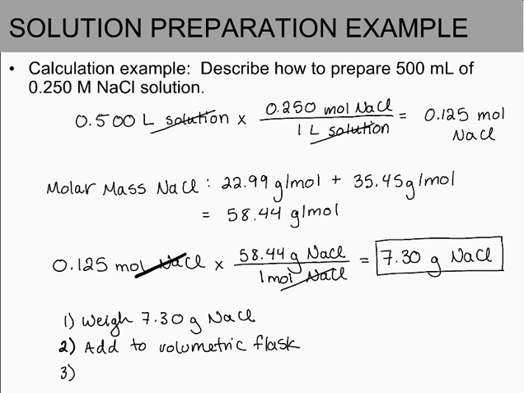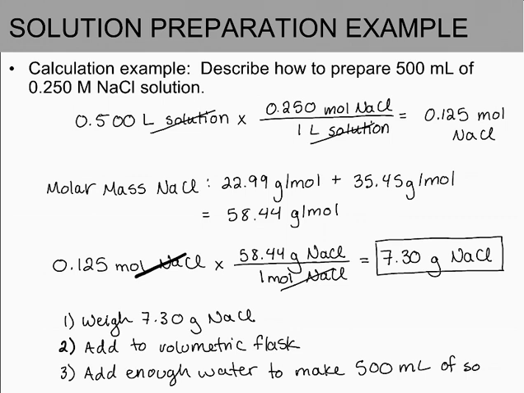And then the third step is to add enough water to make 500 milliliters of solution. So that's how we would make this 500 milliliters of 0.25 molar sodium chloride solution.